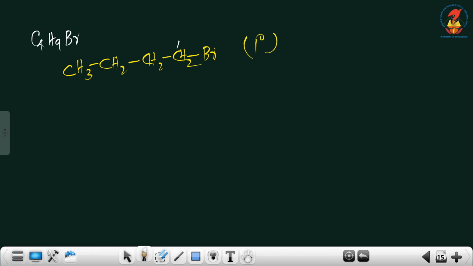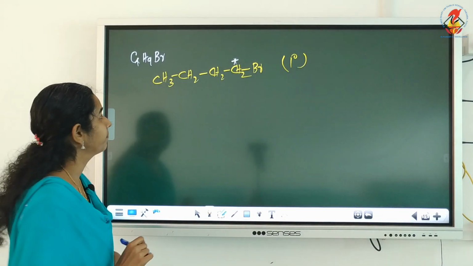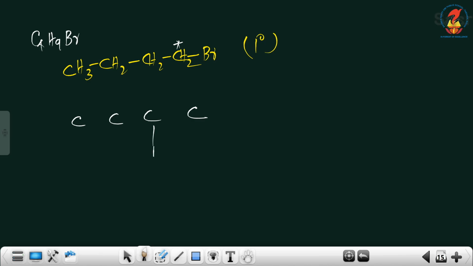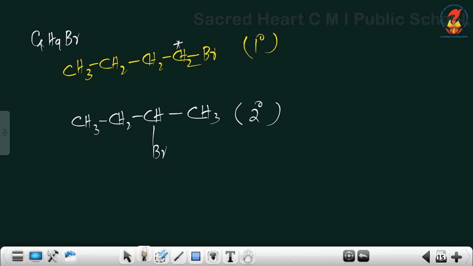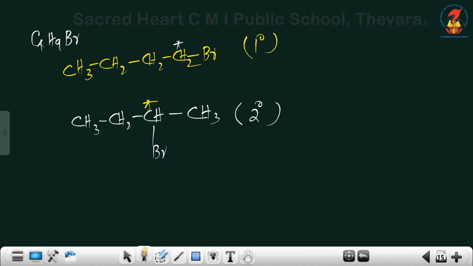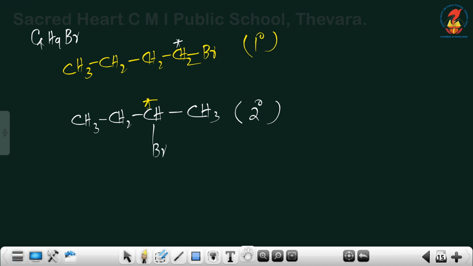Why is it a primary halide? Because the bromine attached carbon is CH2. Second possibility: 4 carbon atoms straight chain and the bromine is on the second carbon. So CH3, CH2, CH, CH3, and it is a secondary halide because the X attached carbon is CH.